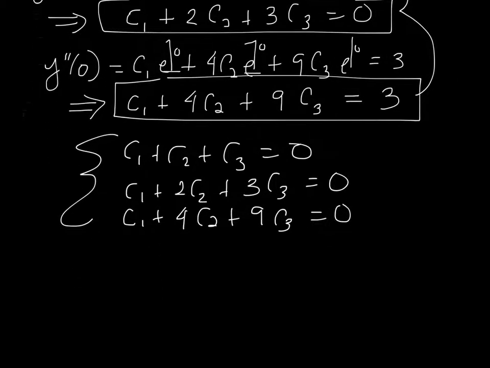So this is a system of 3 linear equations in 3 variables. This should remind you of x plus y plus z equals 0, x plus 2y plus 3z.